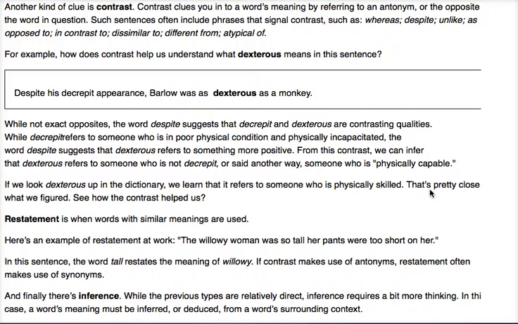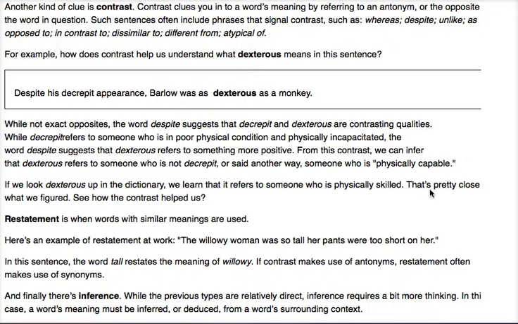So while not exact opposites, the word despite suggests that decrepit and dexterous are contrasting qualities. While decrepit refers to someone who is in poor physical condition and physically incapacitated, the word despite suggests that dexterous refers to something more positive.